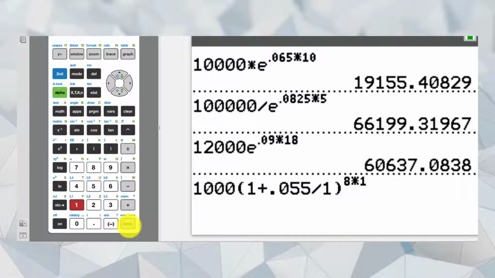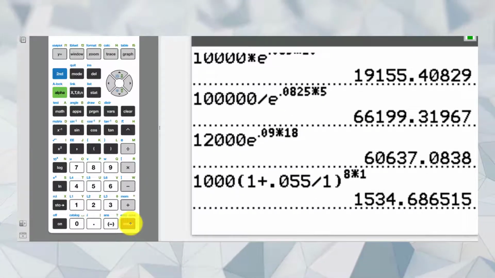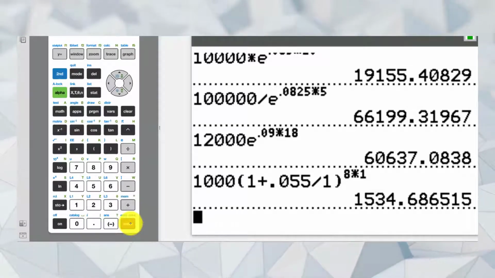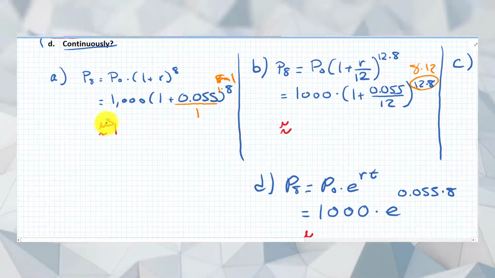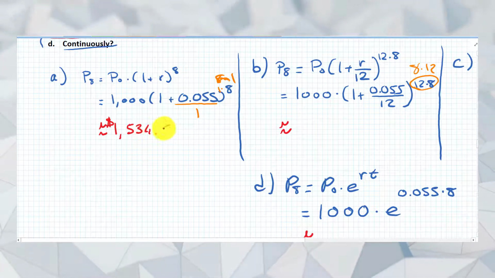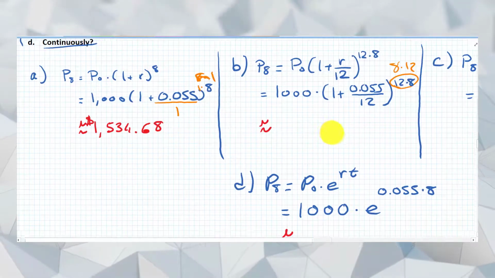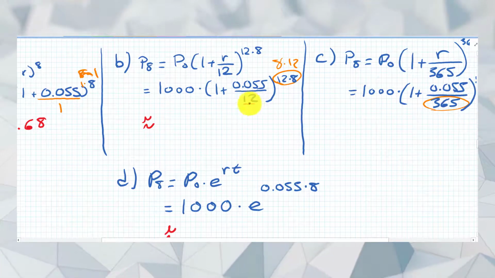That's it, that's all. So what is that? This is $1,534.68. So in this case, after 8 years, we have $1,534.68. All right, in the second case, we're looking at compounding monthly, so n equals 12.